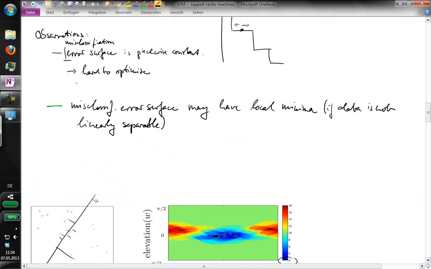So up here I had written that the piecewise constantness makes it harder to optimize. And now that we have local minima, this means the problem is harder still.